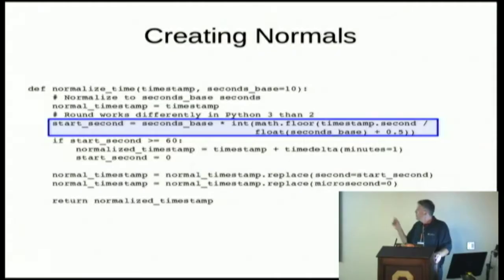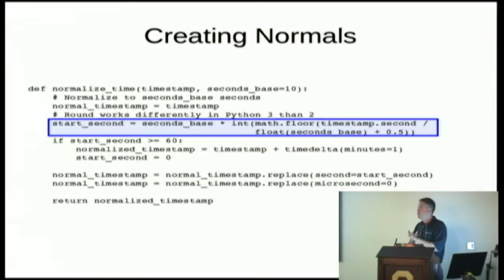One thing I wanted to point out is that there's a difference in rounding between Python 2 and Python 3, and it really caught me by surprise. In Python 2, when you use round on something like 0.5, it will always round up, I believe.